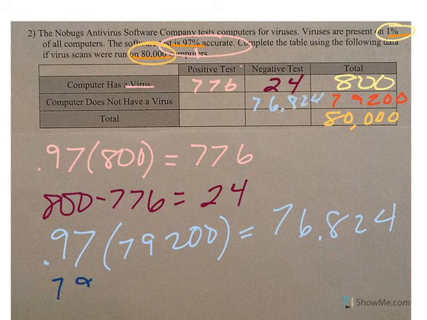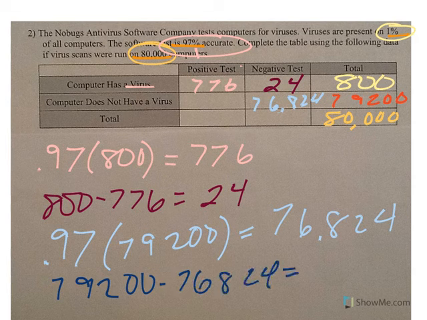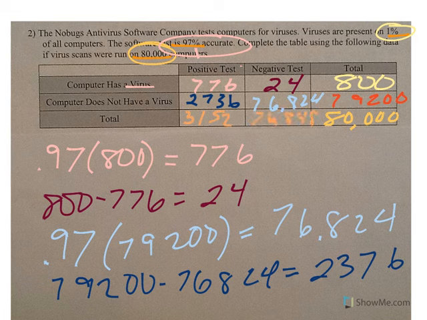And if we started with 79,200 and 76,824 tested negative, that means 2,376 of them will test positive. Now we add our columns, and so a total of 3,152 will test positive, 76,848 will test negative. And if we add those two together, we get 80,000.